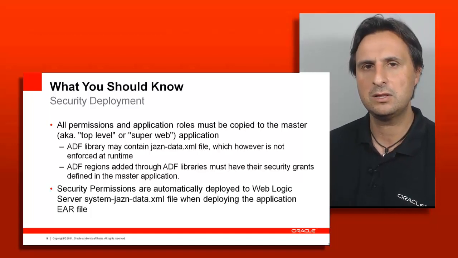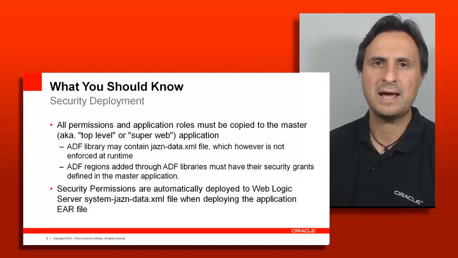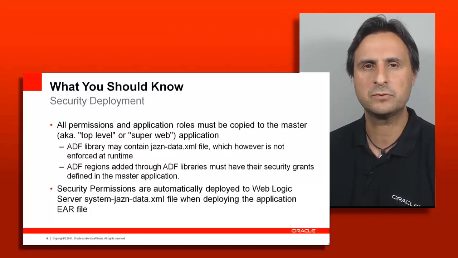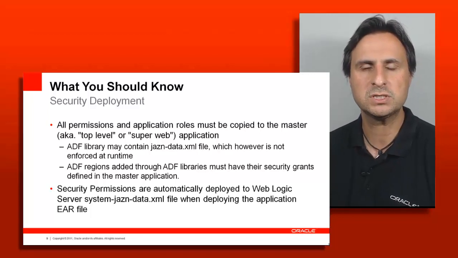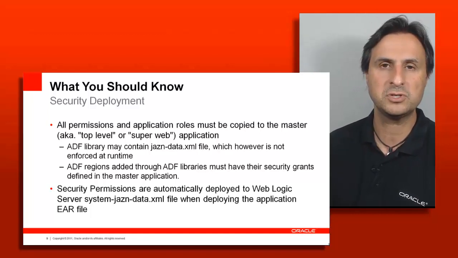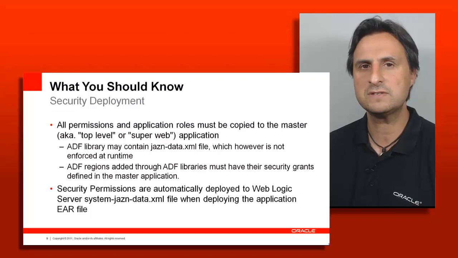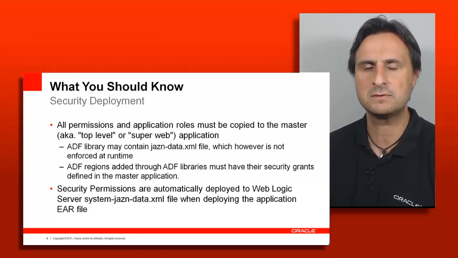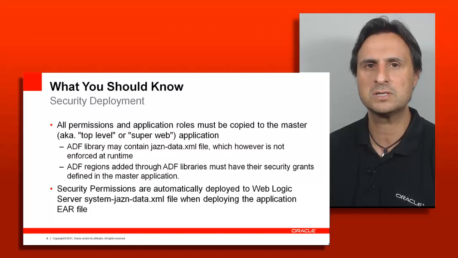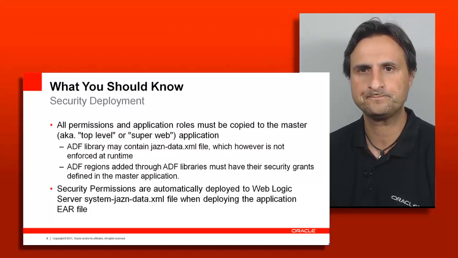That means the developer who is assembling the application out of existing bounded task flows and ADF libraries would be responsible for knowing which permissions to grant where and which roles to associate with a bounded task flow. So for you it's very important that every bounded task flow is well documented for its security needs. Don't forget that, because at the assembly stage this is where you enforce security and this is where the deployment later will happen.